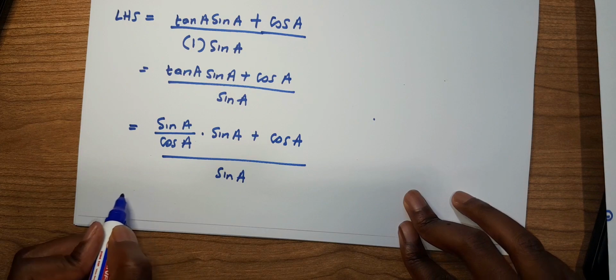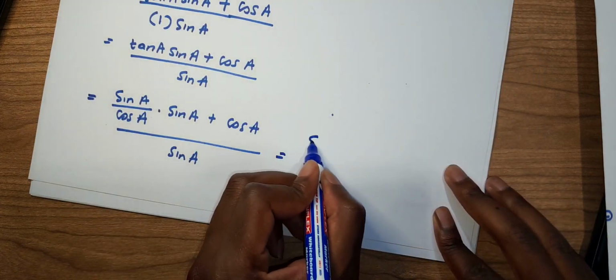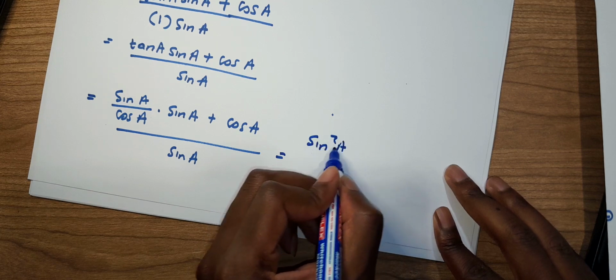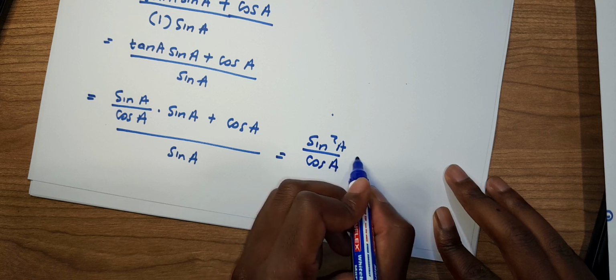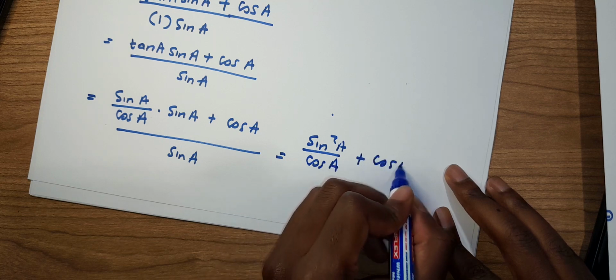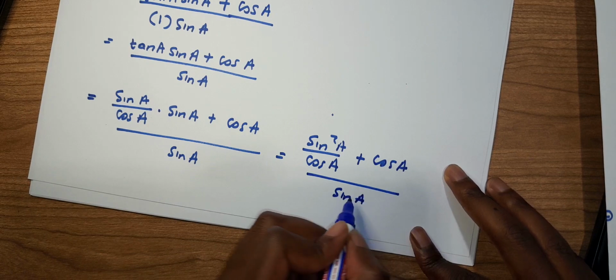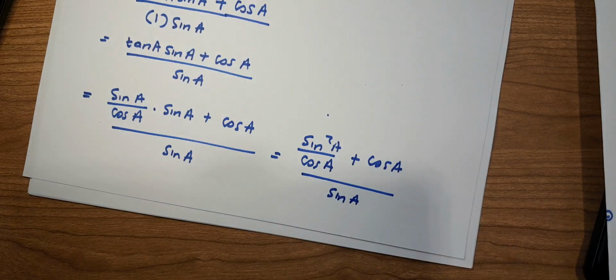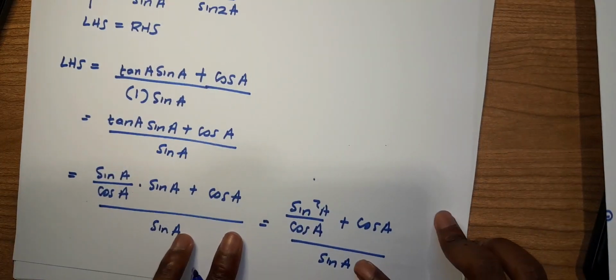So what am I now having? Let me just put it here. I'm now having the sine square of A divided by cos A plus cos A divided by the sine of A, right? So what is this actually?